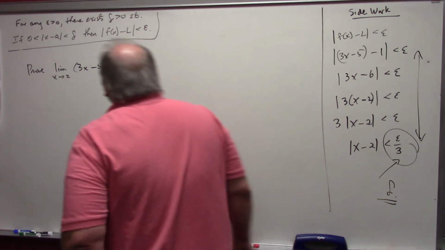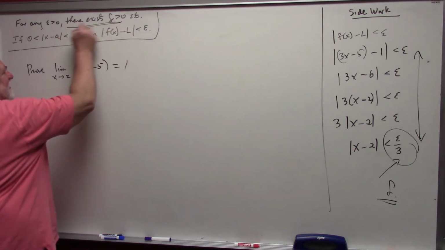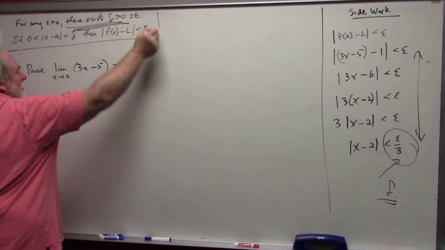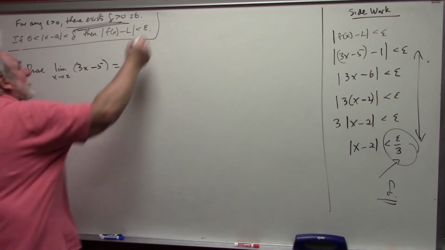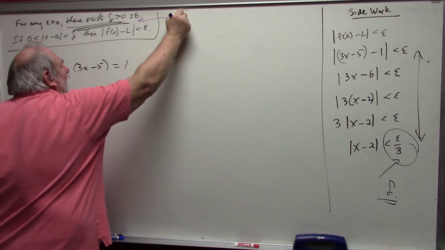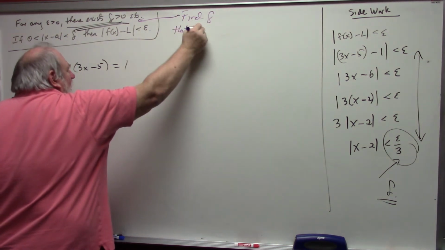When we're doing these epsilon-delta proofs, we have to actually find a delta that works. When the definition says, for any epsilon, there exists a delta, this is the key to it. We have to find a delta. Call it Waldo if you wish, but we have to find the delta that works.